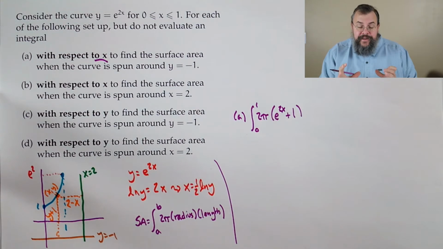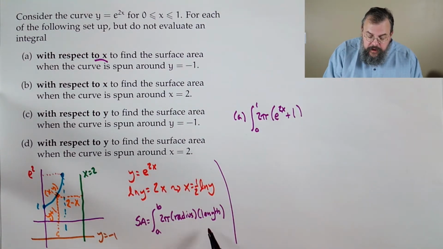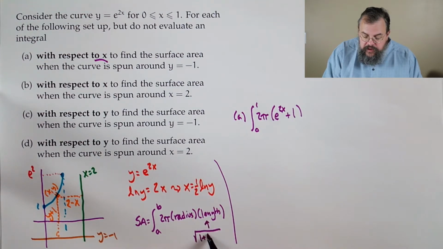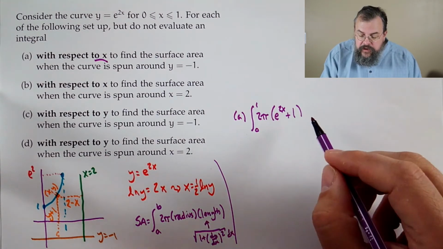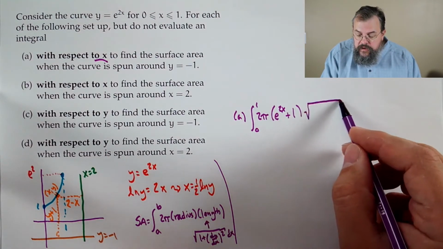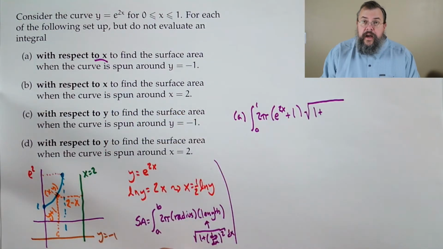Okay, that's our radius. And then our length, so remember our length, that's the square root of 1 plus our derivative, dy/dx squared, dx. So square root of 1 plus, now take the derivative of e to the 2x.